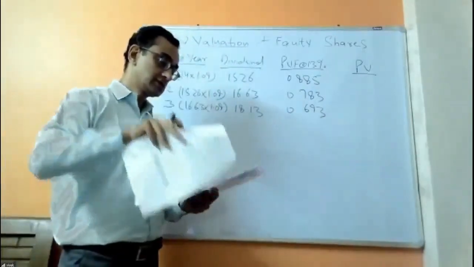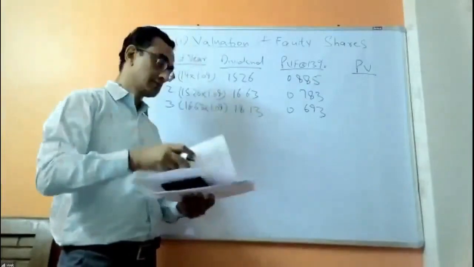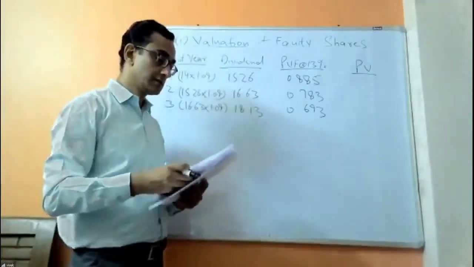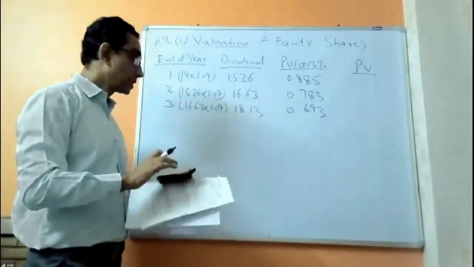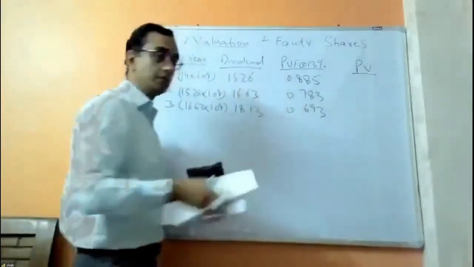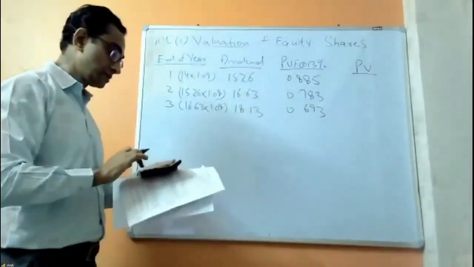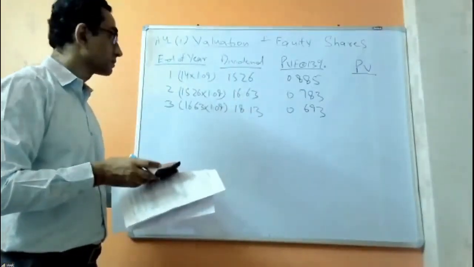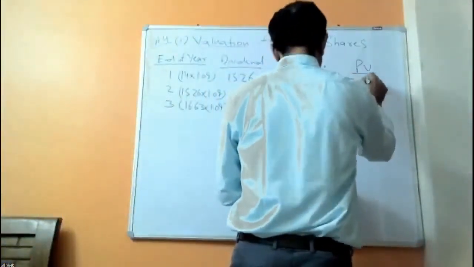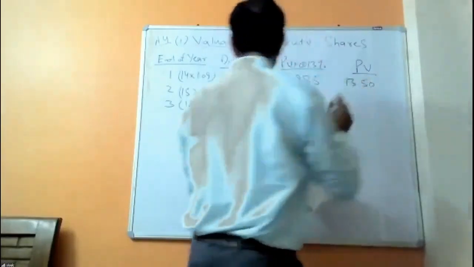So let us calculate it. First 15.26 multiplied by 0.885. It's coming to 13.50.